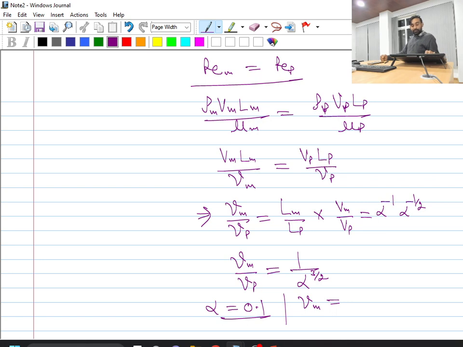Okay, so when you are using only say 10% of your length for the model, you will find that your model fluid viscosity is coming very low, extremely low.